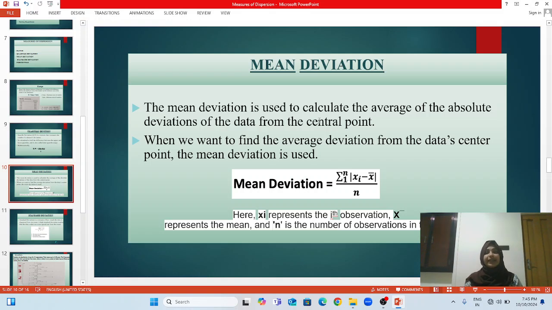That means they neglect the outlier values. Mean deviation neglects the extreme values. It only takes the central values, the values that are spread around the central values, and it excludes the outliers. But standard deviation is different.